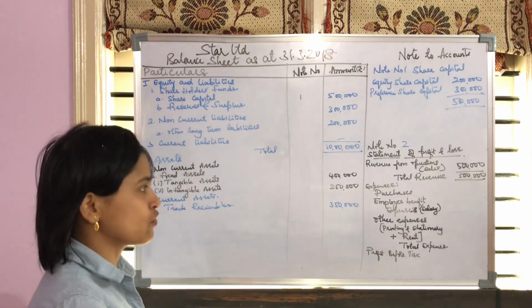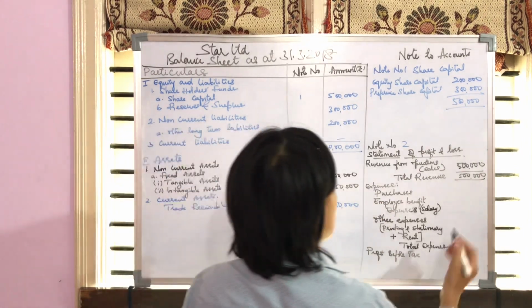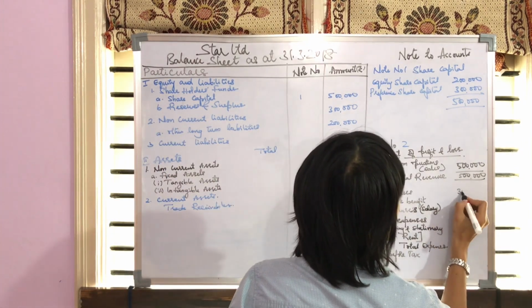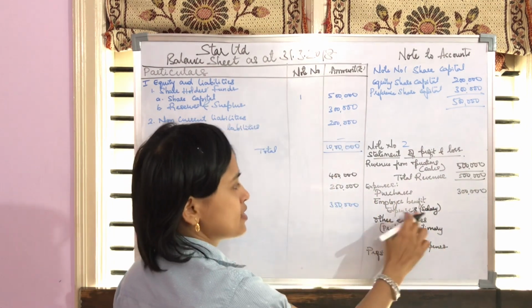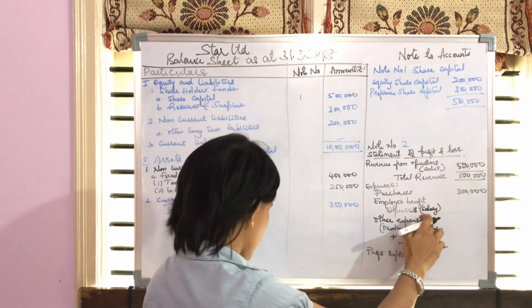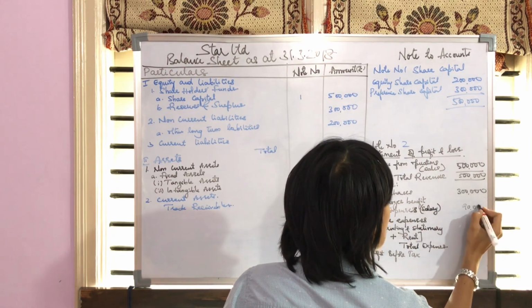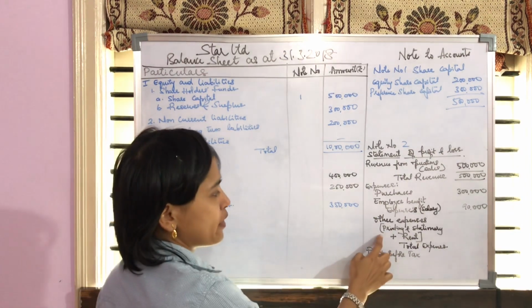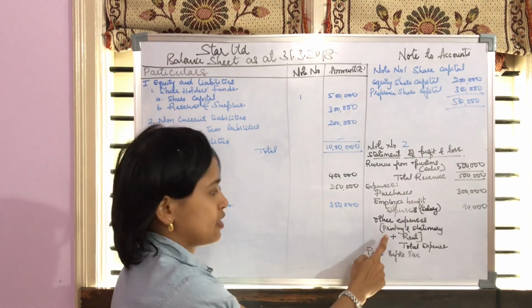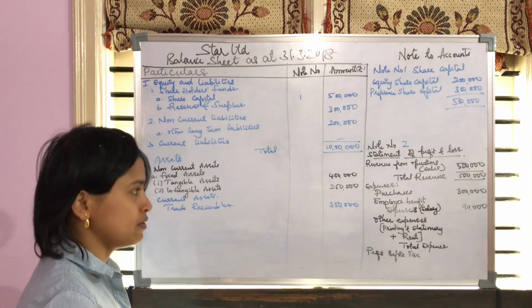Expenses are being given in the form of purchases, which is rupees 3 lakh. Employee benefit expenses is nothing but the salary given in the trial balance, which is rupees 90,000. Other expenses is given in the form of printing and stationery rent. Printing and stationery amount is 30,000.